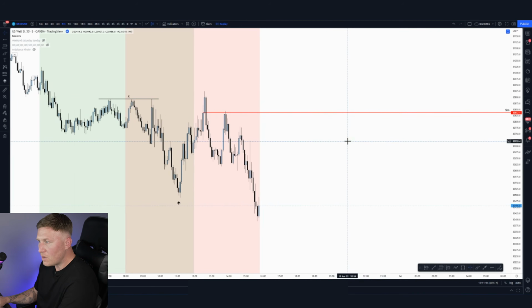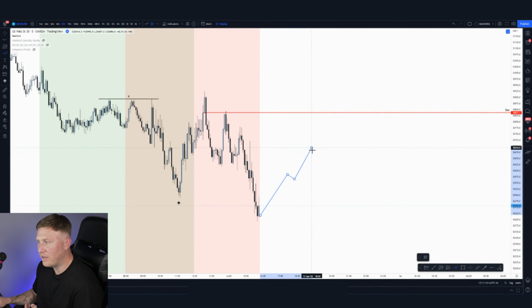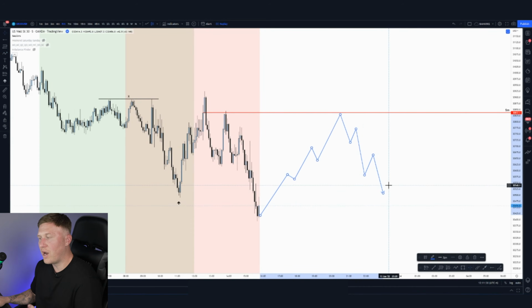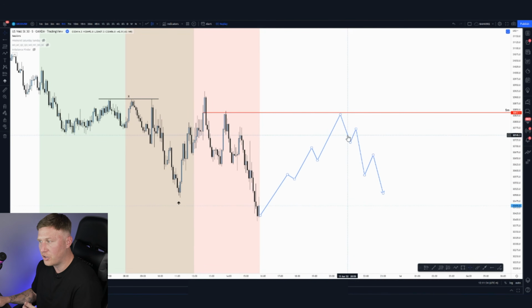So ideally, when I see this and I'm marking my charts up at night, I would love to see price push up into this manipulation candle during Asian and then start breaking down into London. And then that's where I can anticipate an entry to take advantage of this continuation.